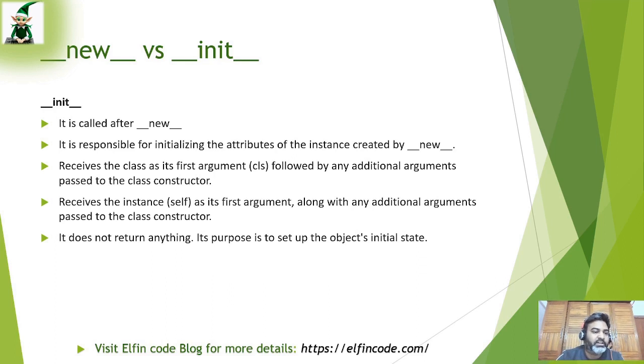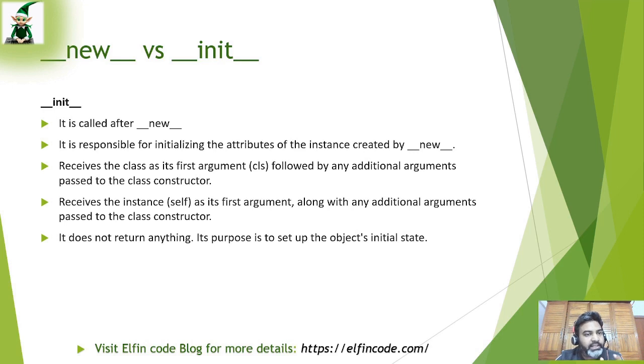Now the third point, it says that it always receives self as a first argument. If you have any additional arguments, those can also be kept inside the init method, but the first parameter should always be self. Self is nothing but your instance.